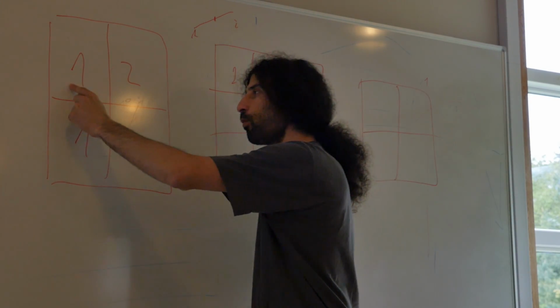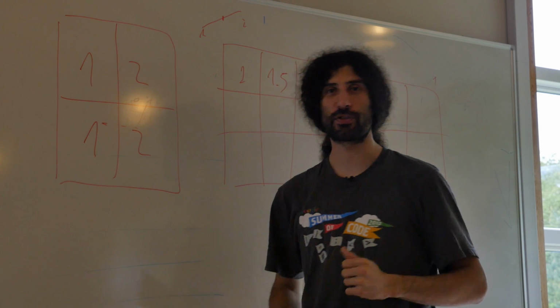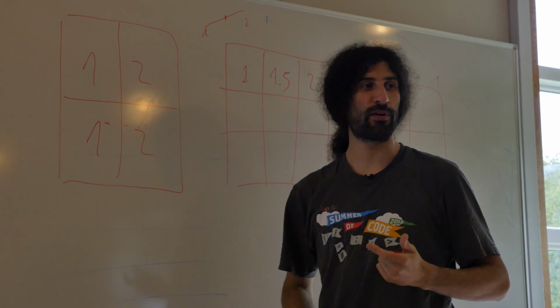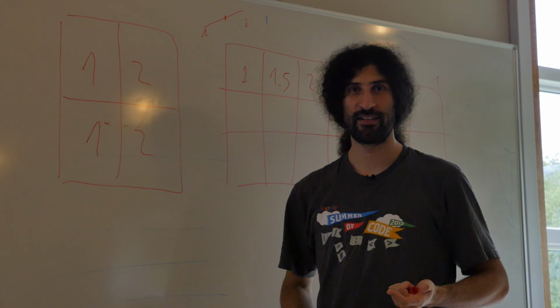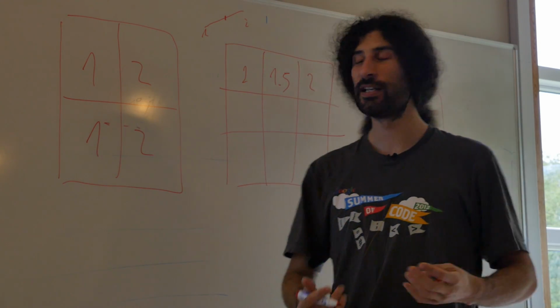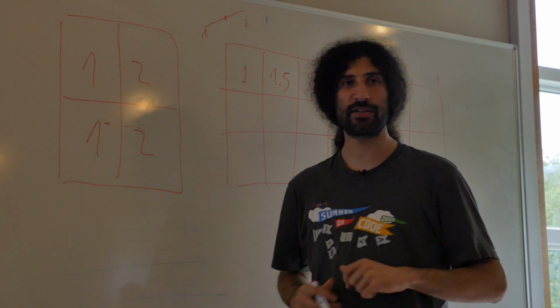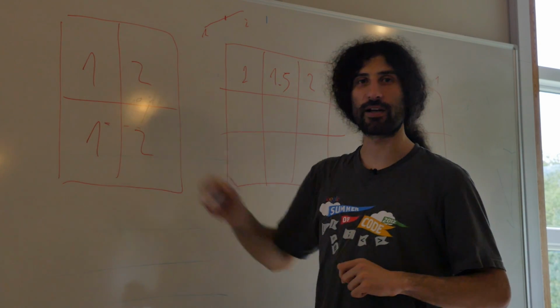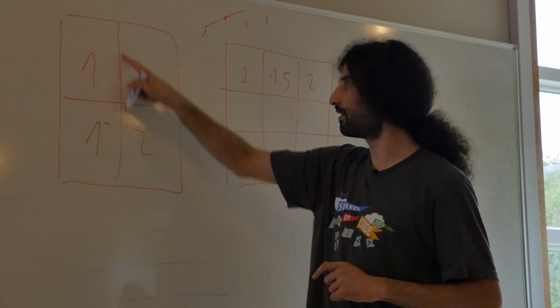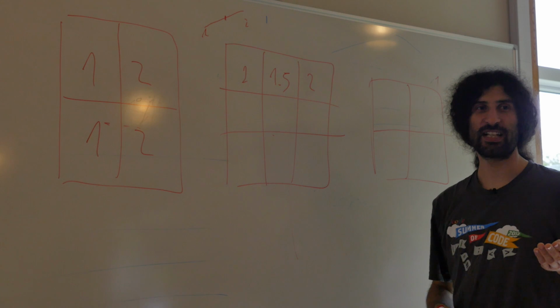But if this means 1 is soil type A, and 2 is a code for soil type B, what does 1.5 mean? Nothing. So if you have any layer that has categories, then you cannot use that, right? Or let's say that this is the number of persons in this block, and this is the number of persons in this block, right? So can I put 1.5? Doesn't make sense, right?